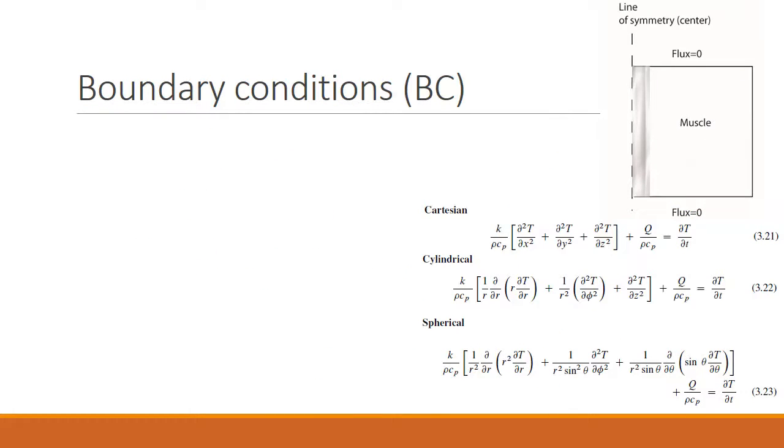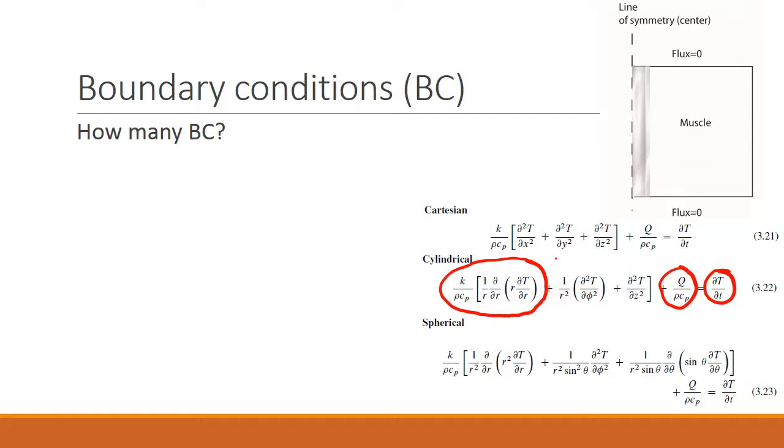Now let's look at boundary conditions. We have already discussed some of it. The way you want to approach this, first of all, is to ask how many boundary conditions do I need? This is a good way to look at the problem. We have these three terms in our equation, and the others have been dropped.